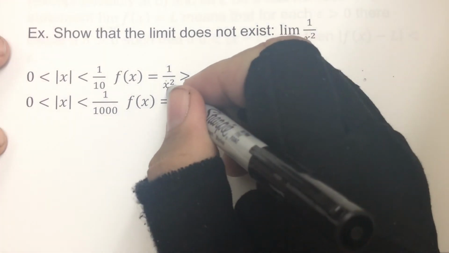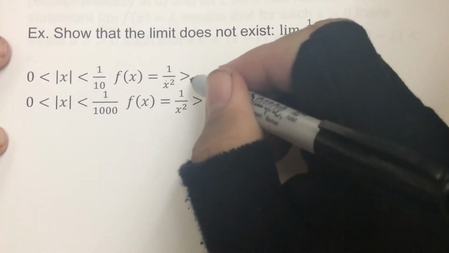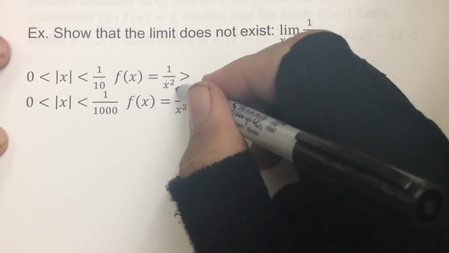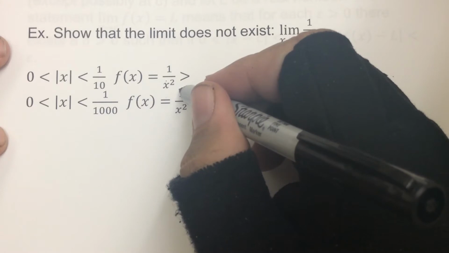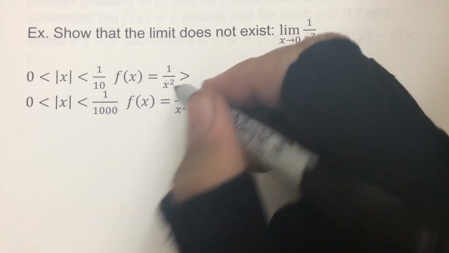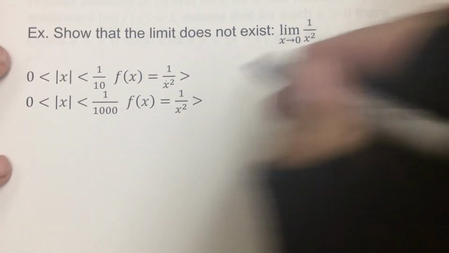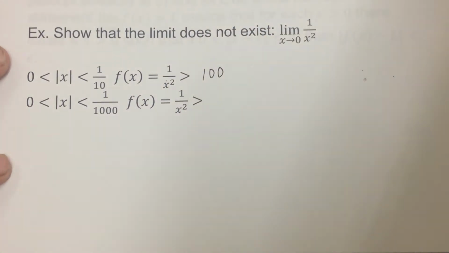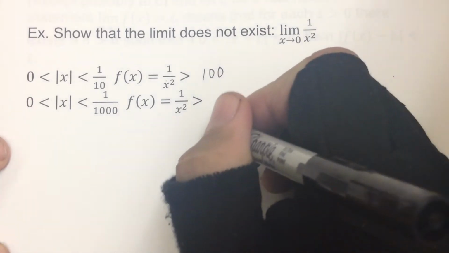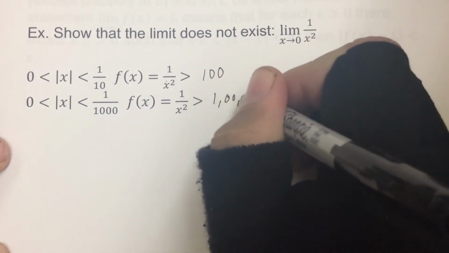If we put a tenth in for our x, 1/10 squared would be 1/100th. When we flip this, because we'd be 1 over 1/100th, it ends up being 100. Now if we do 1/1000th, when we square that, we get 1 over 1/1,000,000th. When we flip it, we get 1 million.